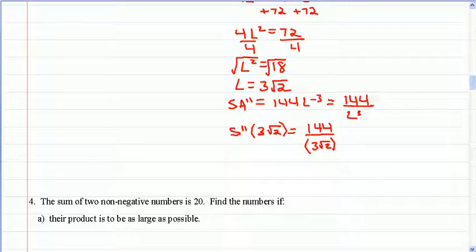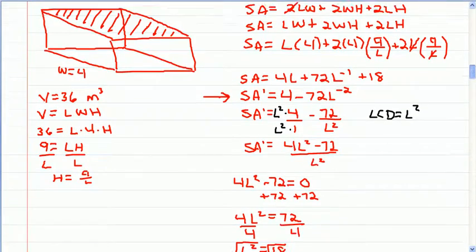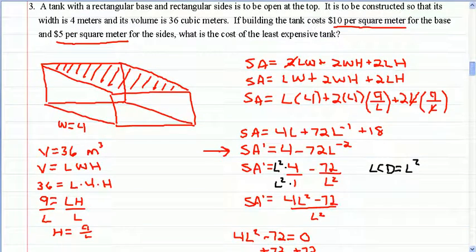So when I take 3 square root of 2 and substitute it into the second derivative, I get a value that is positive, which means that it's concave up at the critical point, and so therefore it is a relative minimum. So 3 root 2 will give us the minimum dimension of this box, and we want to find the cost of the least expensive tank.